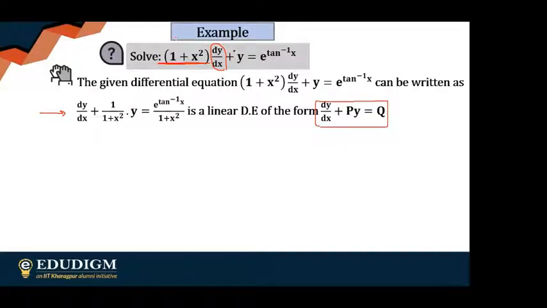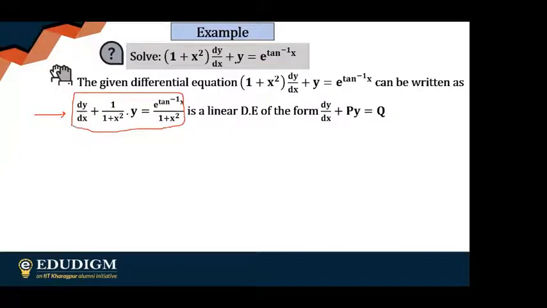So in case you see any factor multiplied with dy/dx, make sure you divide the entire equation by this factor, and then only talk about P(x) and Q(x), because look at this form here, you don't have any coefficient of dy/dx. So make sure you get rid of that. And now this is the form that I'm talking about. Fair enough.